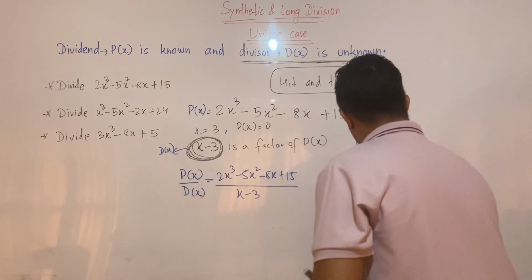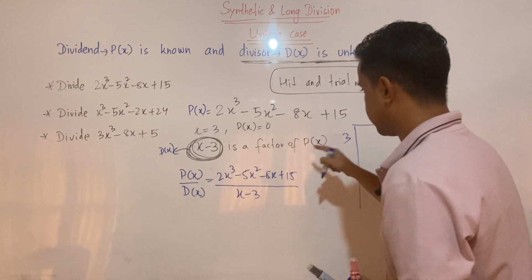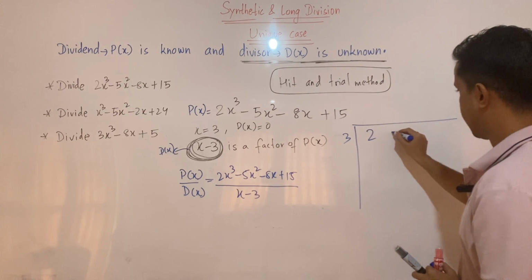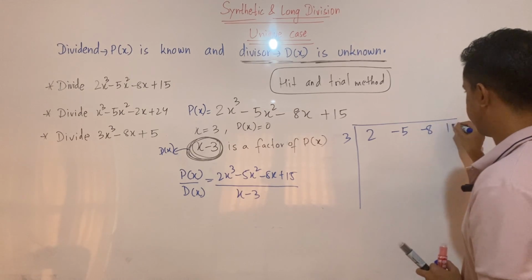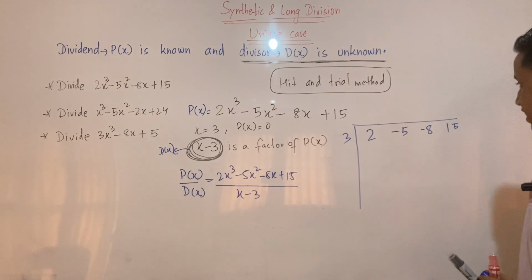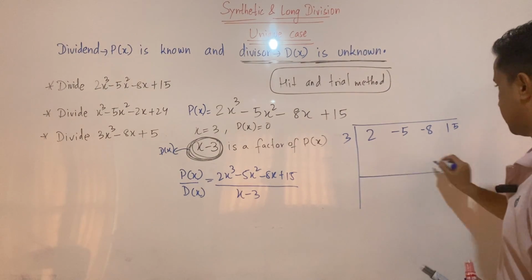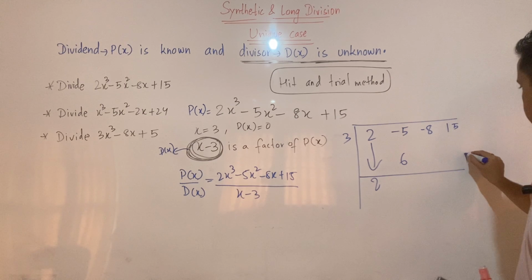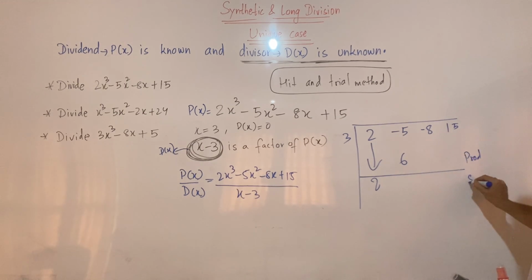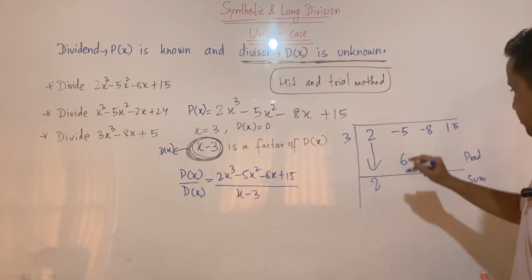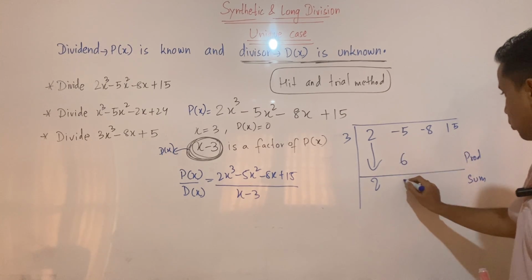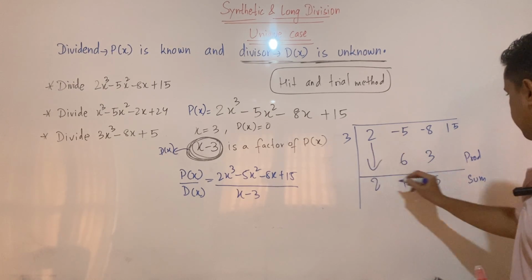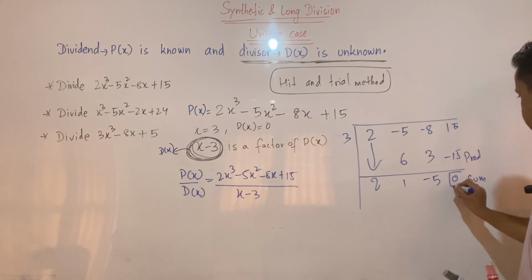Here the value of x would be 3, and the coefficients are 2, minus 5, minus 8, 15. 2 will come down, 3 times 2 is 6, the product, and here the sum: minus 5 plus 6 is 1, 3 times 1 is 3, minus 8 plus 3 is minus 5, 3 times minus 5 is minus 15, so the remainder is 0.